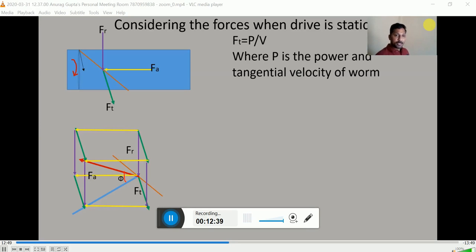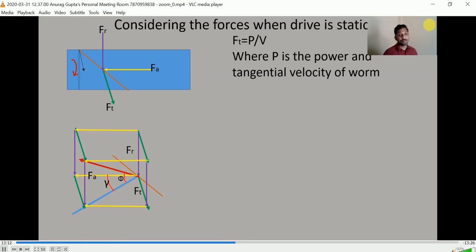If you see the angle between this resultant force and this line perpendicular to the helix, it is the pressure angle. If we consider the angle between this sky blue line that is perpendicular to the helix and the axial force, it is nothing but the lead angle, because the definition of the lead angle is the angle between the pitch helix and the line perpendicular to the axis.